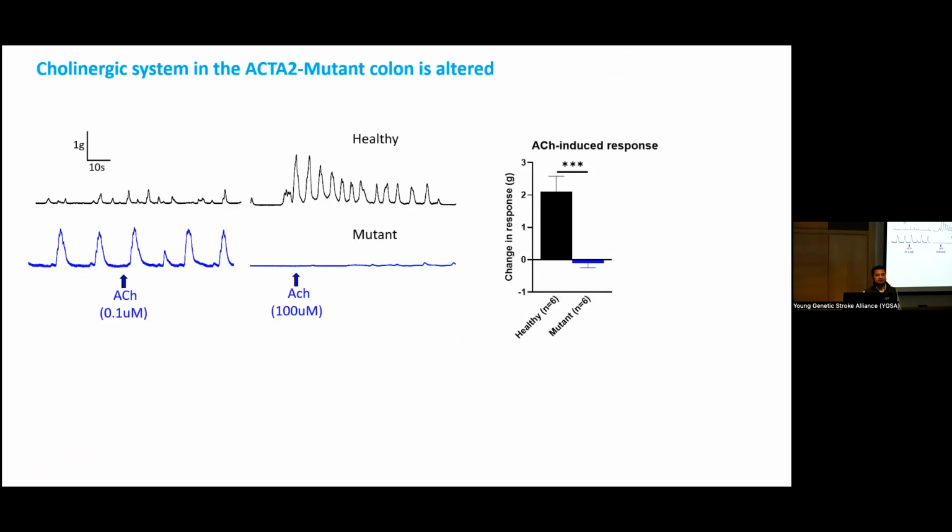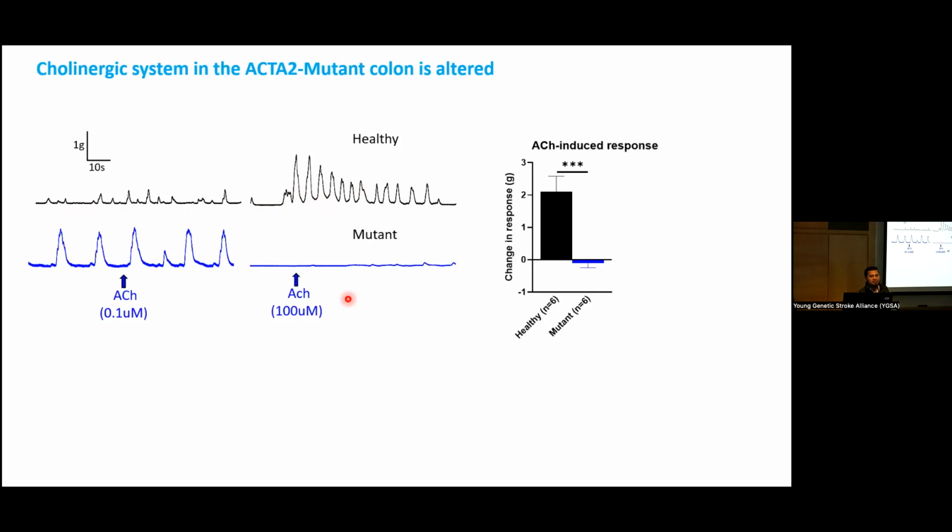Then we wanted to see if the neurons actually cannot work, if they cannot release the neurotransmitter. So we gave acetylcholine, the excitatory neurotransmitter, from the outside, to see whether that neurotransmitter can talk to the smooth muscle cells. You see, with the healthy, as soon as we give the acetylcholine, the number of contractions goes high.